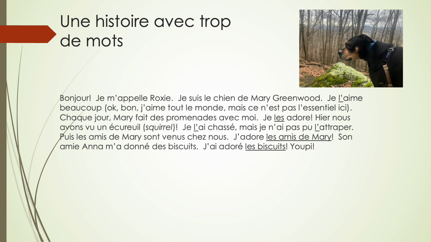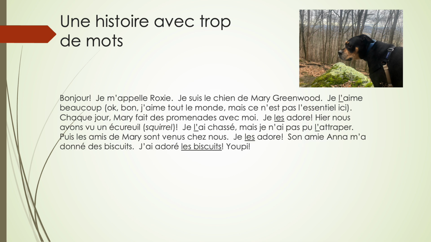Puis, les amis de Mary sont venus chez nous. J'adore les amis de Mary. So, les amis de Mary. Which pronoun are we going to use? We're going to use les. So it's going to be je les adore. Son amie Anna m'a donné des biscuits.